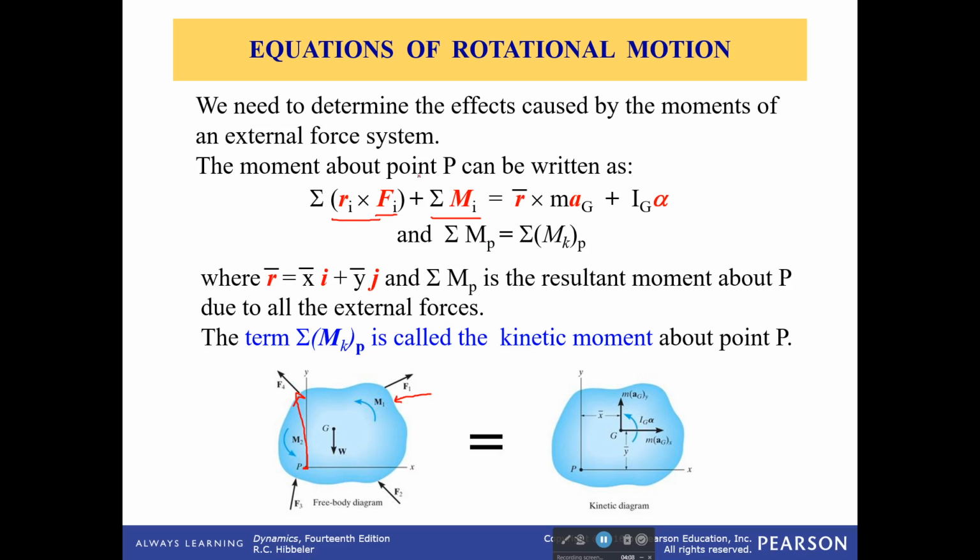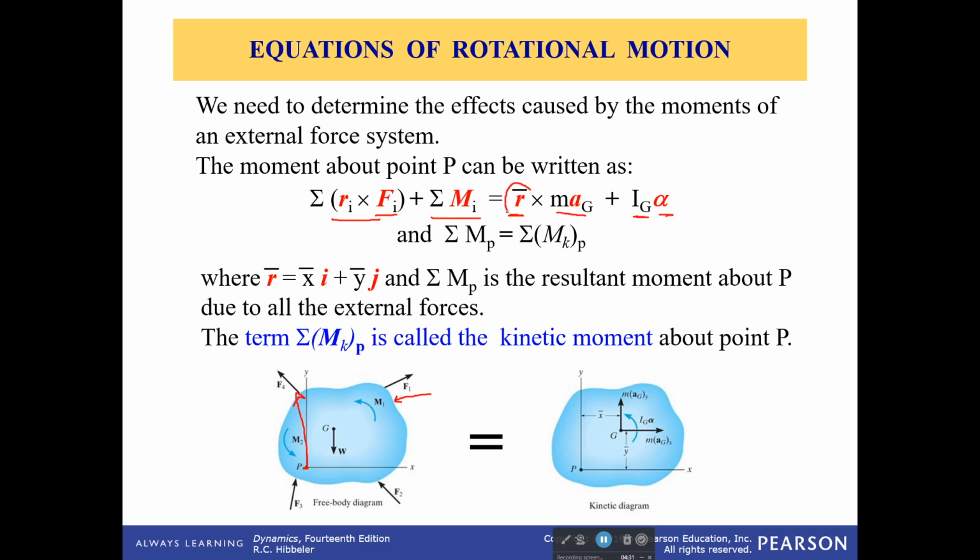And so if we multiply all that out, what we get is this right here, crossed with our mass times acceleration of the center of gravity, plus moment of inertia around our center of gravity times alpha.